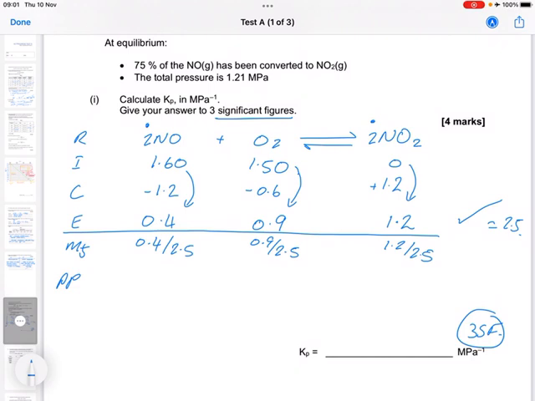So I've got the total pressure up here, so I need to multiply each of those by 1.21 times 1.21 times 1.21.